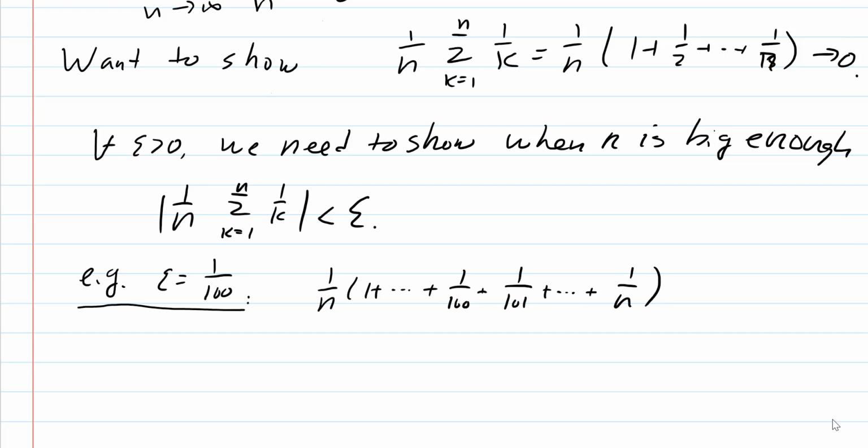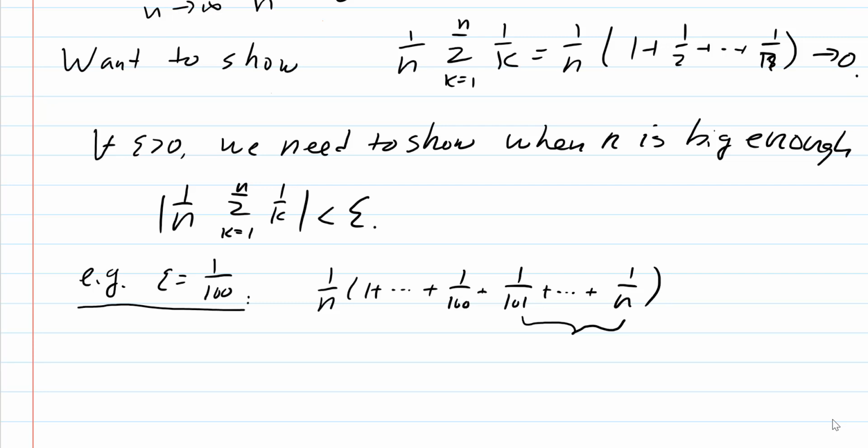We know 1 over n is average, right? So in order for this one to be small, we just need to look at what terms actually are contributing the most of the sum. So we look at this one over here.